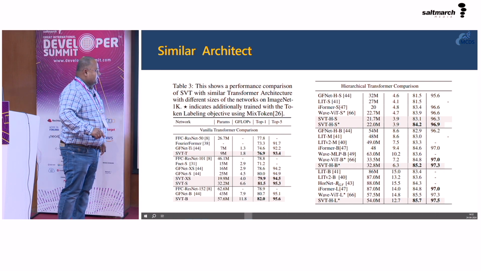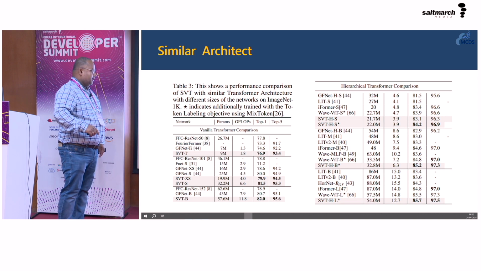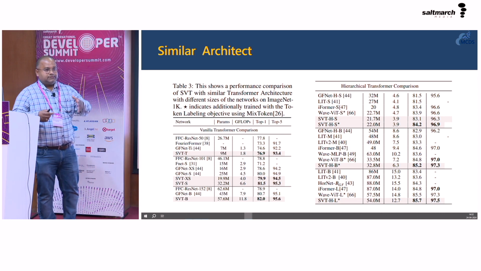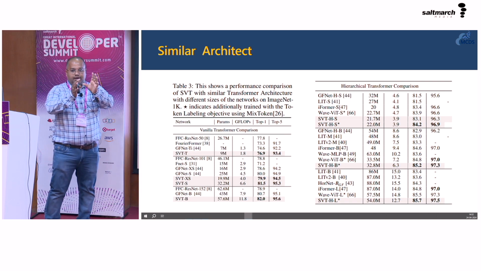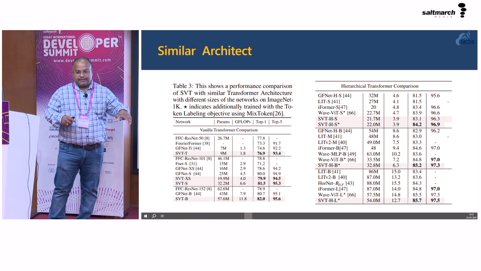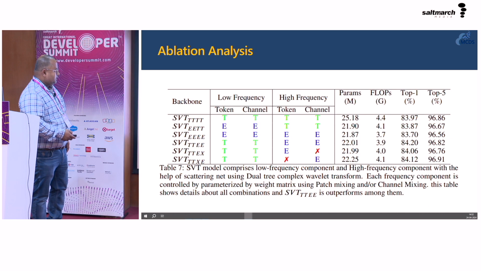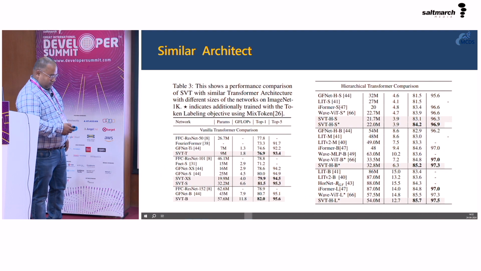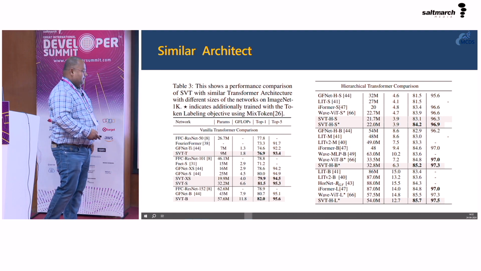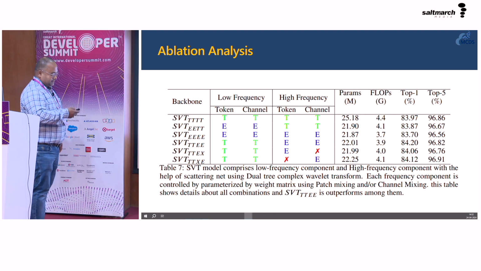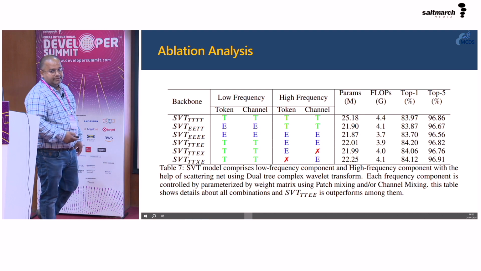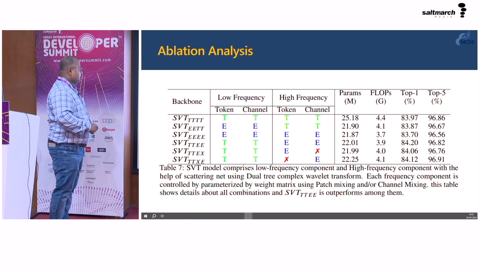Similarly, for the hierarchical ones, we talked about Swin and LITv2, which are attention-domain. For top-one performance, it is 85.7 for SVT. So right now it is a state-of-the-art model for image classification and image segmentation tasks.